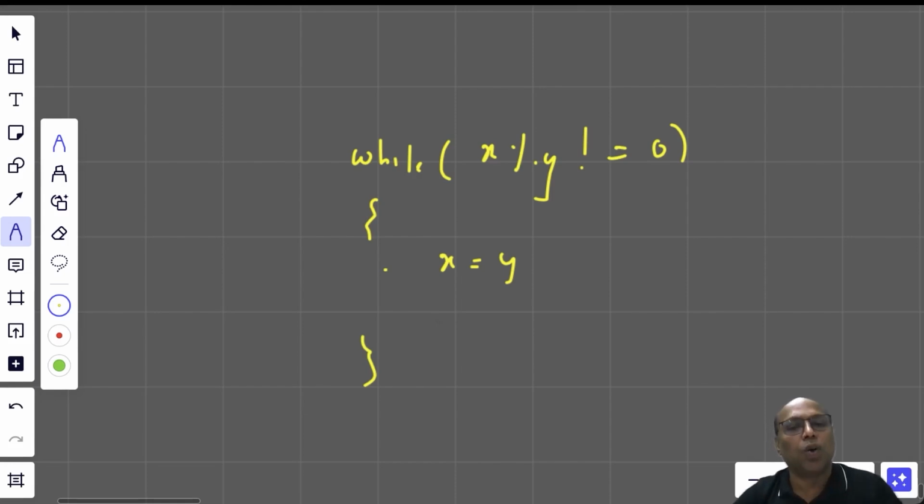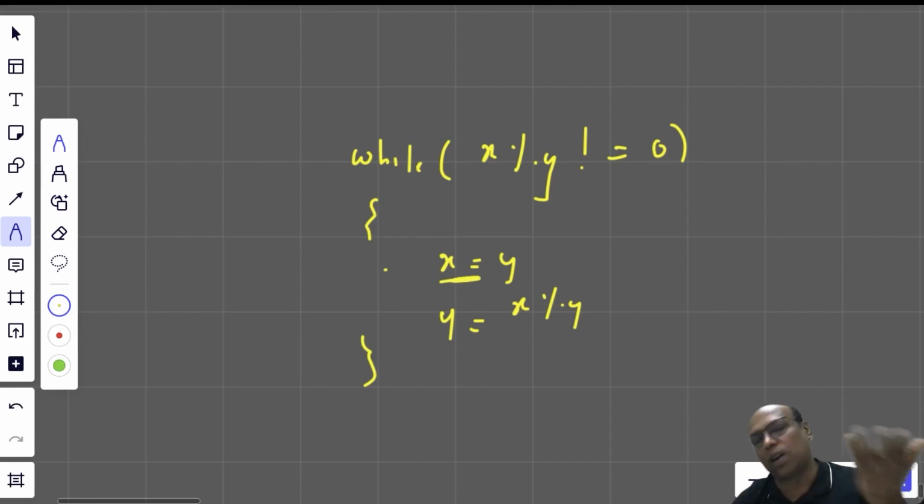Can I write y is equal to x mod y? No. If I write that, x and y are both the same in this line, so you are dividing the same number by itself, and it will be 0 only.